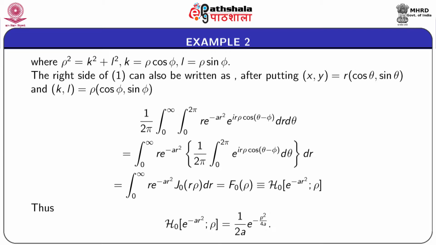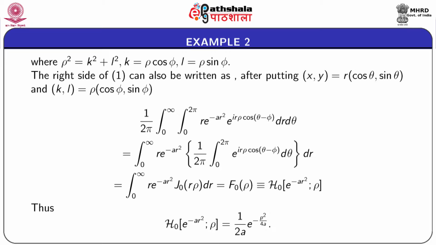And this is written as integral from 0 to infinity r e to the power minus a r square, 1 by 2 pi integral from 0 to 2 pi e to the power i r rho cos(theta minus phi) d theta dr. Now, we have learnt in module 1 that the inner integral is J naught(rho r).